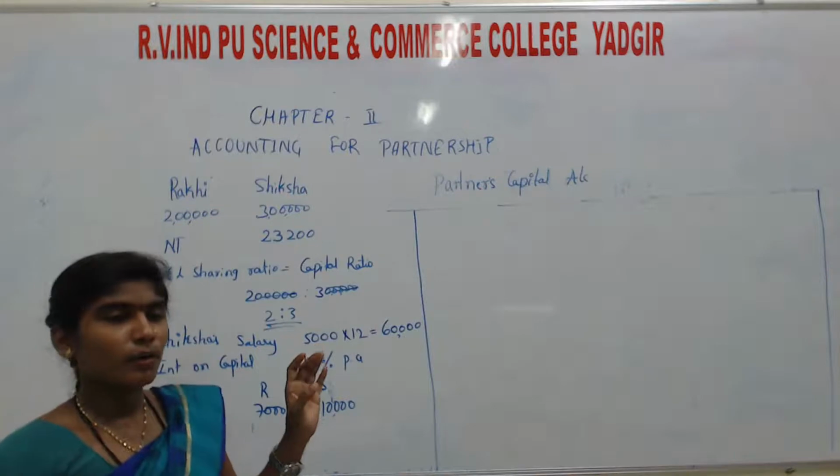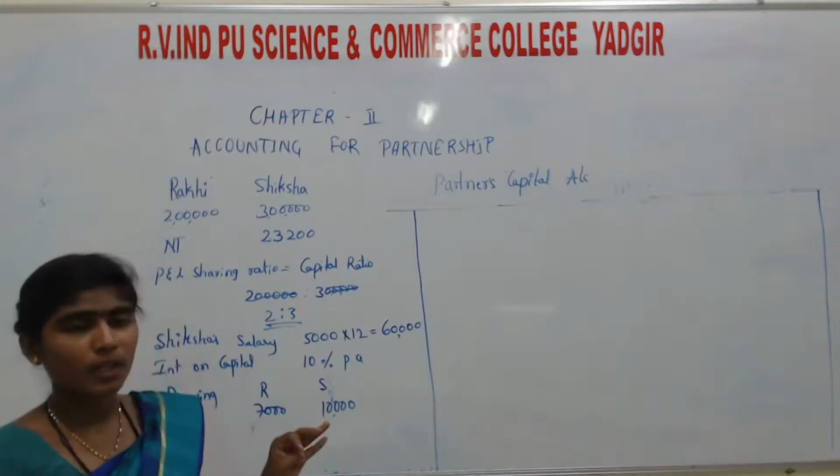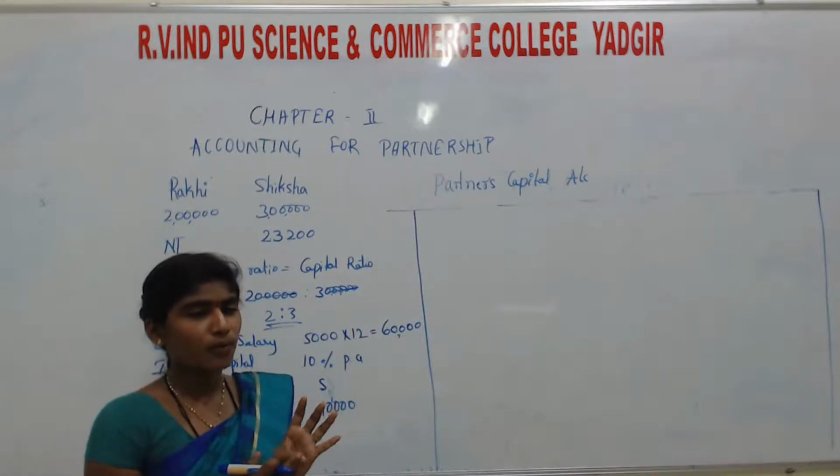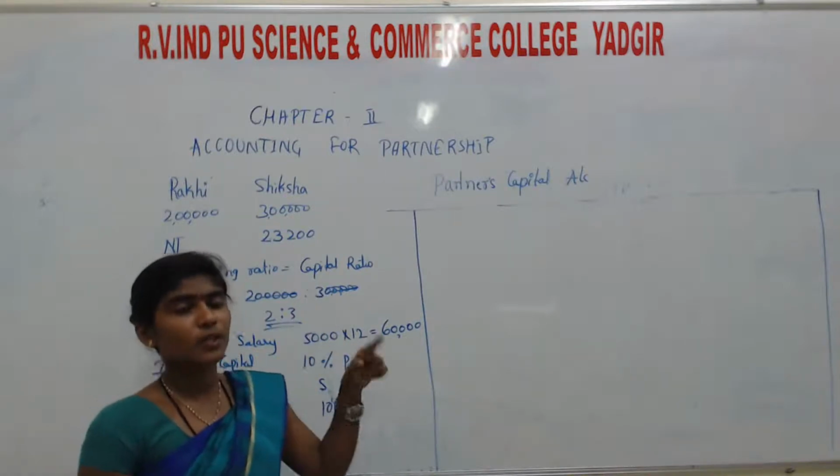So what is the format of partners capital account? Date, particulars, JF, Rakhi column and Shiksha's column.